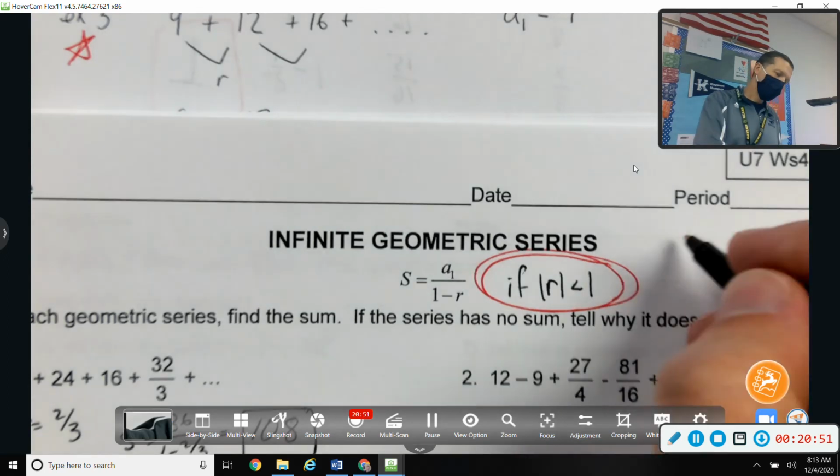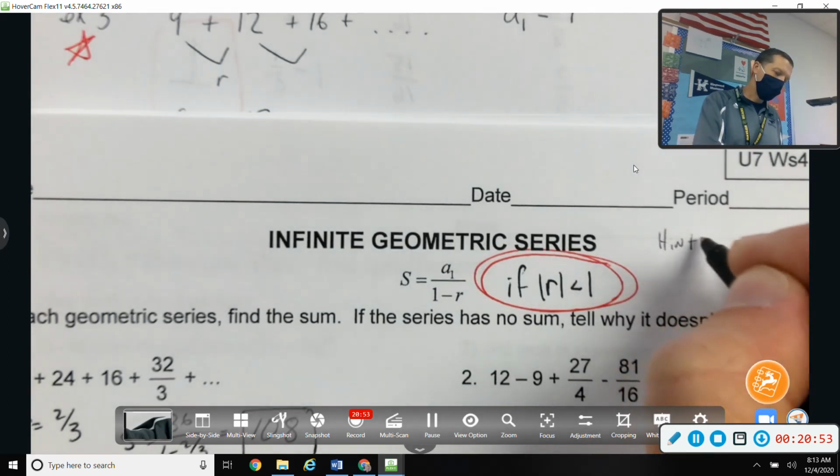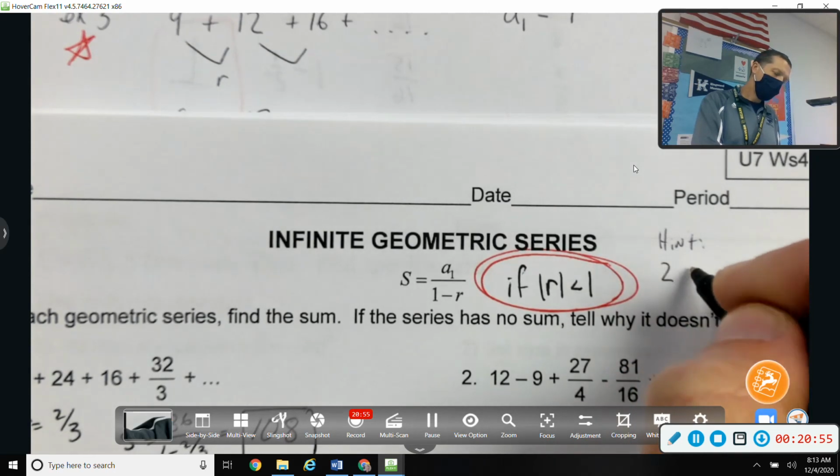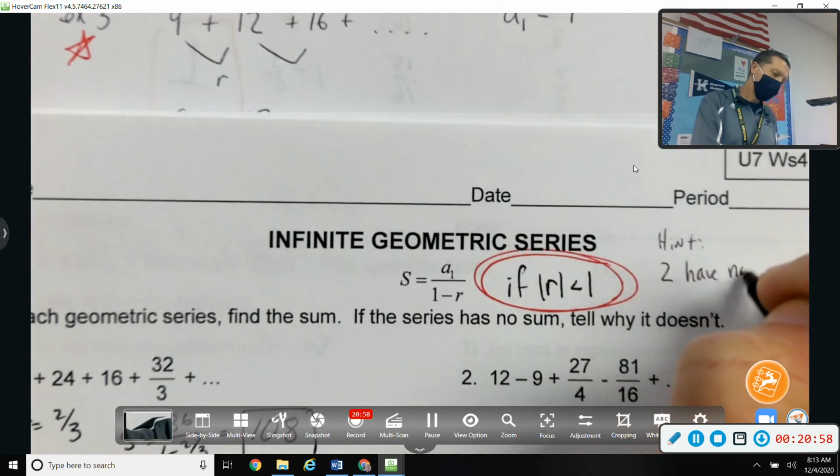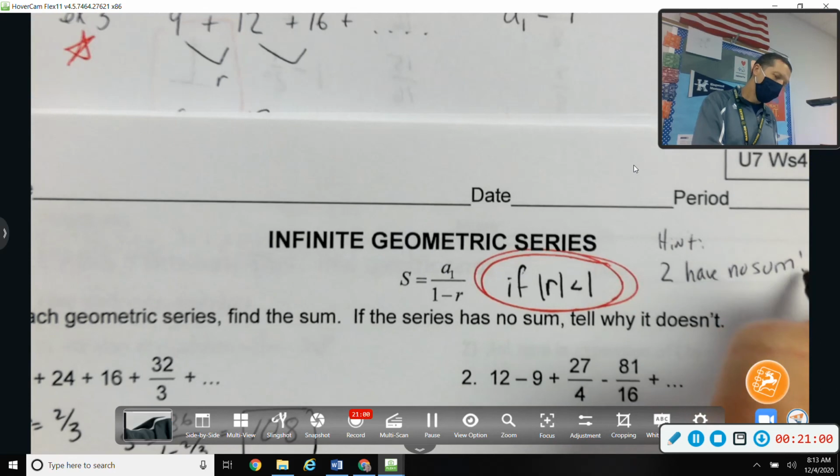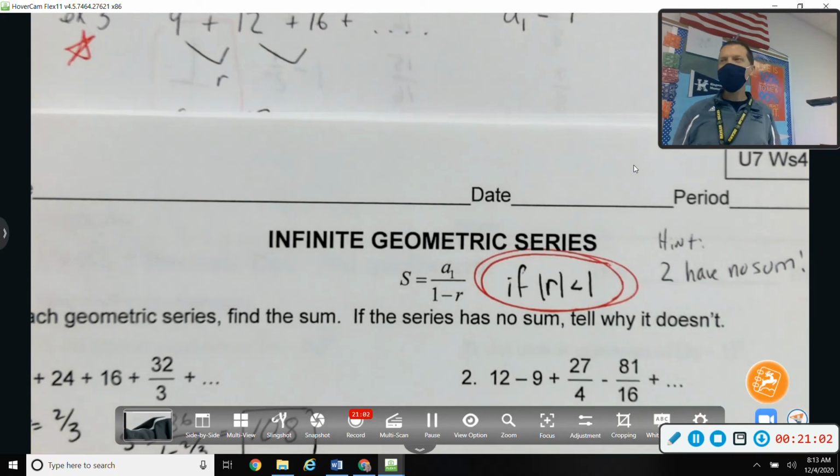So there's a hint: 2 have no sum. So again, be careful. Don't just blindly plug into the formula and trust your answer. Make sure you're paying attention and see that it makes sense.